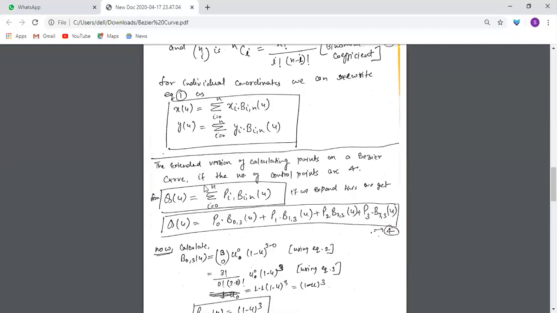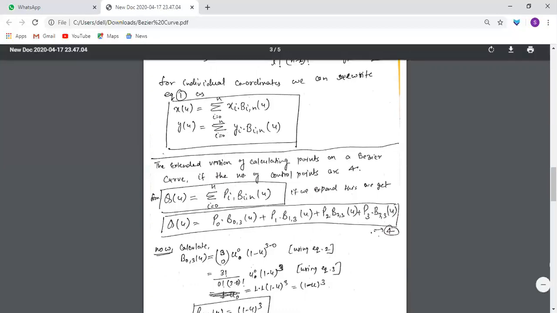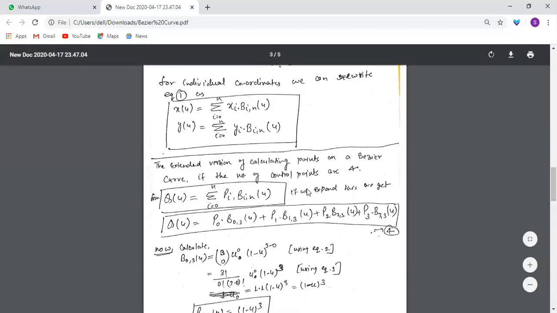This is the extended version of calculating points on a Bezier curve when the number of control points is 4. It's clear that the degree of the curve would be 3, and a curve which has degree 3 is known as a cubic curve. We know the equation of the curve is this.